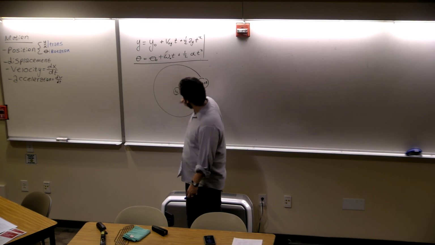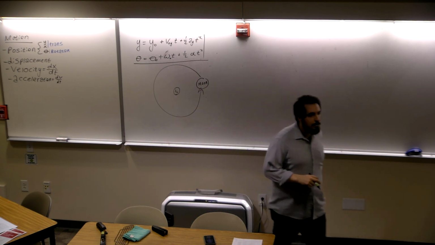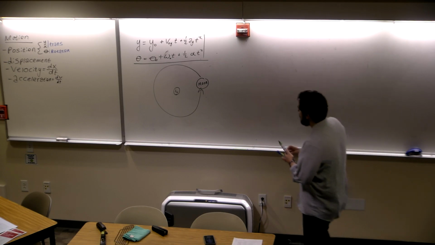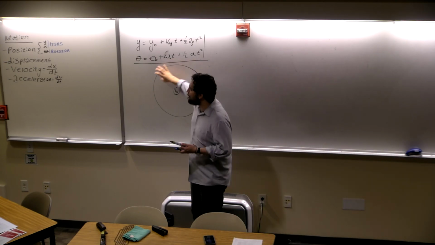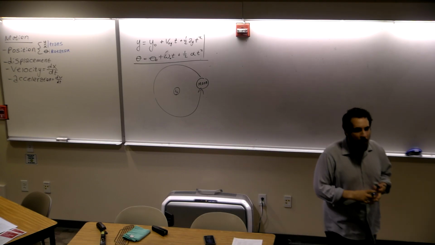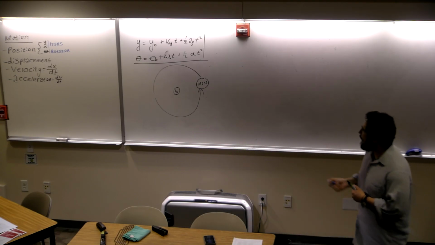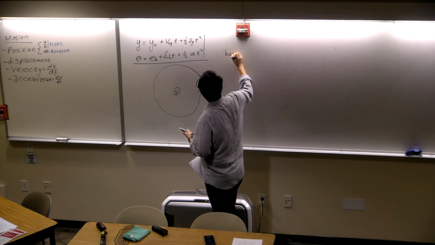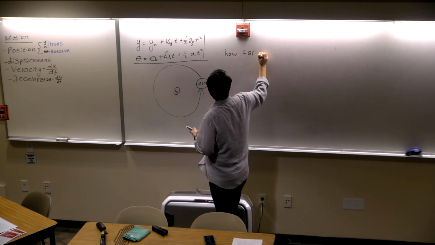I'm going to use E here for Earth, not to scale. So we have the moon rotating about the Earth. We ask the question, well, how far does the moon travel during its motion? We can answer this question of how far a couple of different ways. How far does it travel?